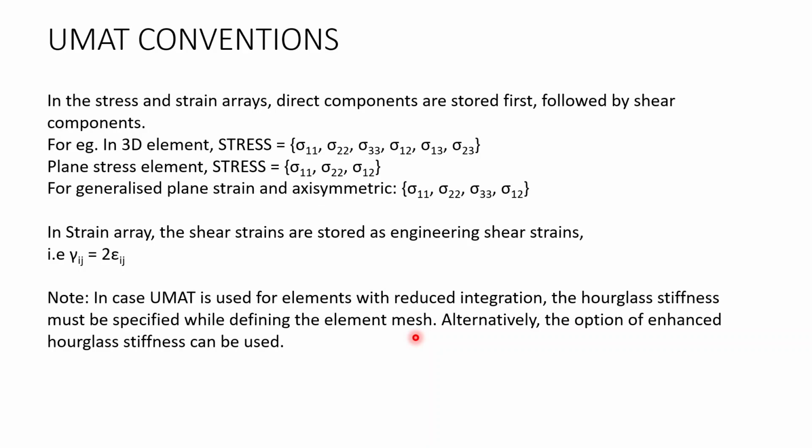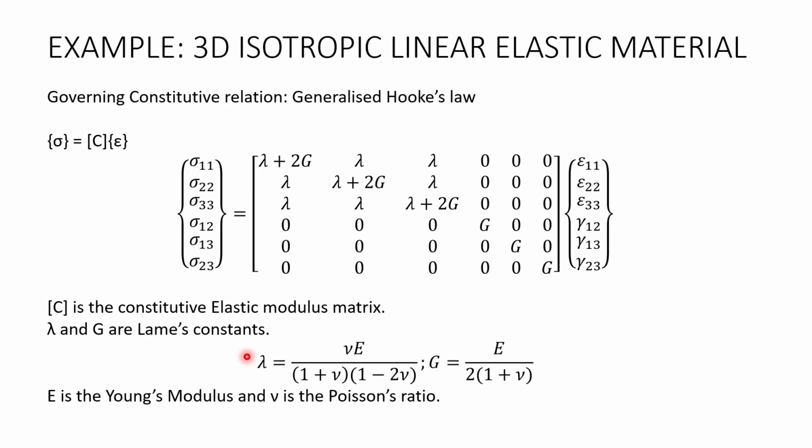We do not need to do this when we are using the ABAQUS inbuilt material library, but when we are using UMAT for an element with reduced integration, then we need to define the hourglass stiffness. Alternatively, there is an option of enhanced hourglass stiffness which can be selected. So these are some conventions.